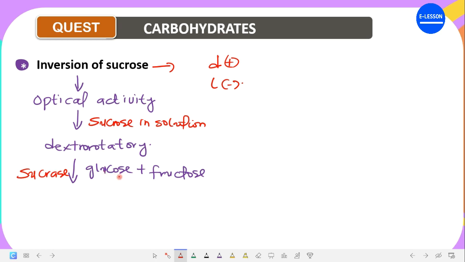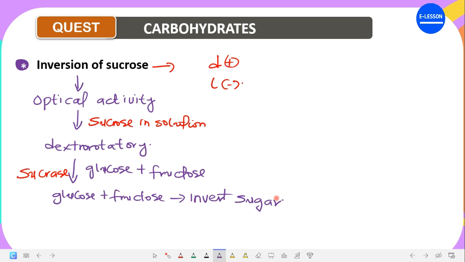Now, this hydrolyzed mixture, which is glucose plus fructose in solution, is what is called invert sugar. So invert sugar is not usually just sucrose, but it is when sucrose has been hydrolyzed to give fructose and glucose in solution.